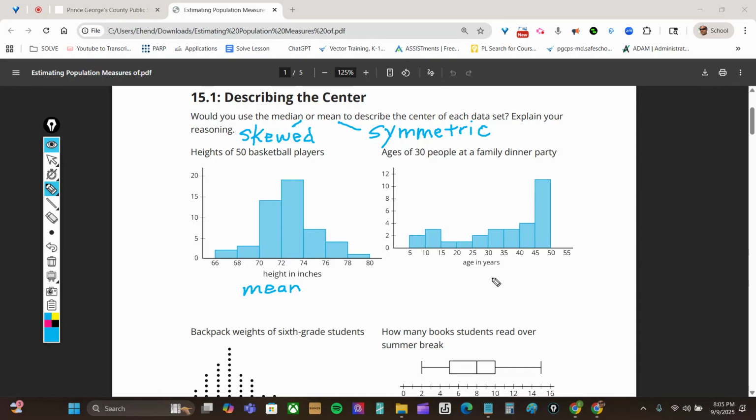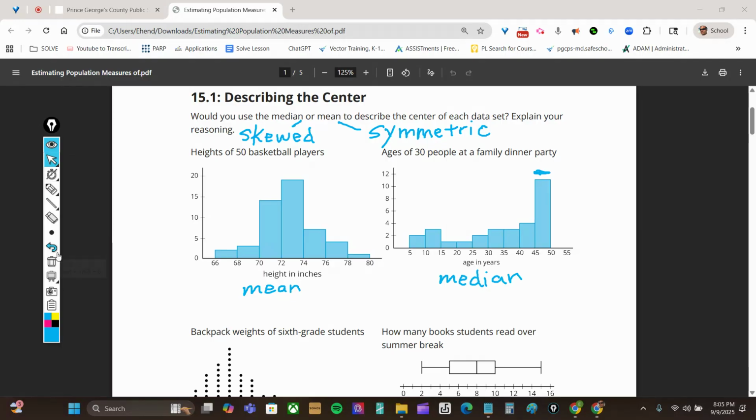Now this is skewed, so it's going to be better if we use the median, because the median is not going to be pulled by the outlier. The median is going to be less affected by the outlier and skew in the data itself. That's the key point.